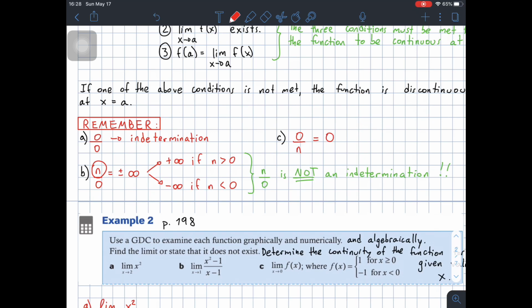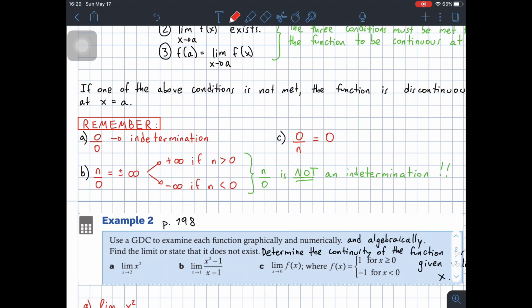Now, whenever we have n divided by 0, where n is any value, 1, 2, negative 10, whatever, any number divided by 0 is either positive or negative infinity. It would be positive infinity if n is positive, and it will be negative infinity if n is a negative value. Negative 10 divided by 0 is negative infinity, and positive 10 divided by 0 is positive infinity.